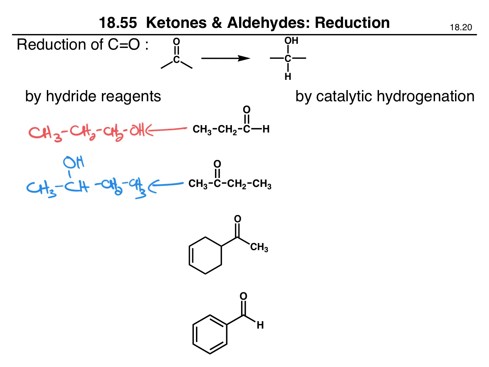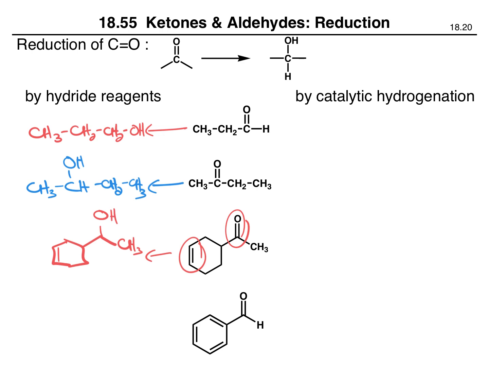Other functional groups, if we have a ketone as well as an alkene, lithium aluminum hydride or sodium borohydride will both reduce the carbonyl without touching the alkene.